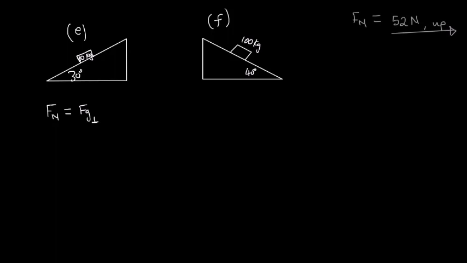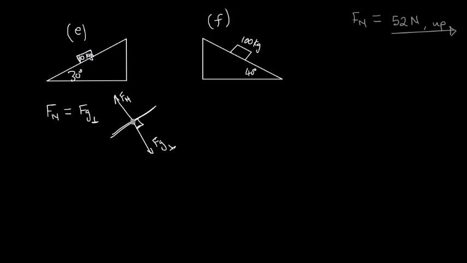The object will be sitting there. Forces perpendicular to the surface: the first one, upward, will be the normal force, and then downward from there, still perpendicular to the surface, 90 degrees, will be the perpendicular component of gravity.